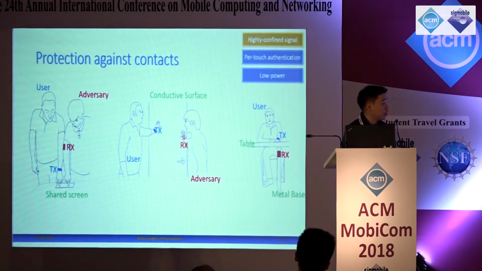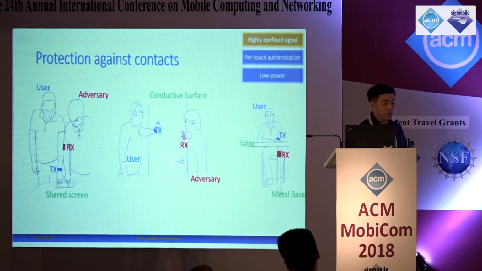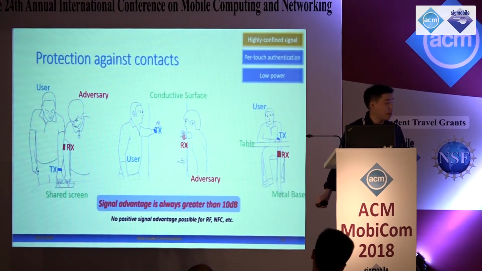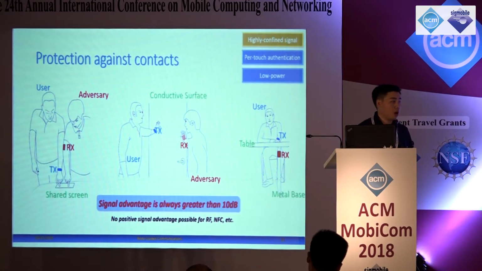The third scenario is when the adversary tries to hide a receiver under non-conductive material, for example the metal base of a table. We did measurements and found that the signal advantage is always above 10 dB. Note that for RF or NFC, because of the omnidirectional property of the wireless signal, we cannot achieve a positive signal advantage.